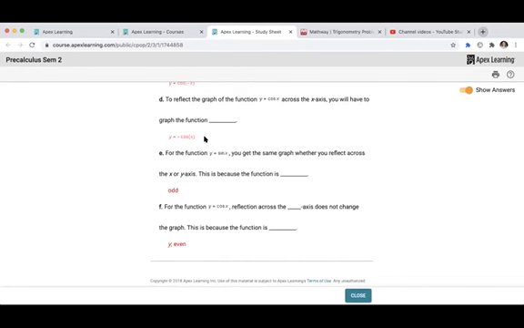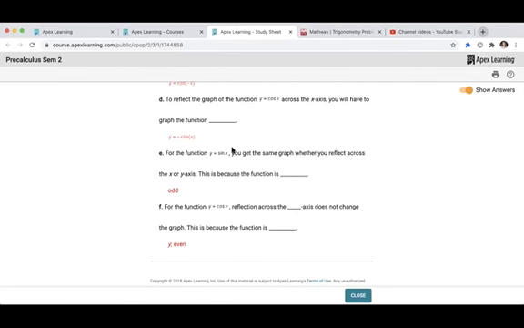All right, for the function y equals sine of x, you get the same graph whether you reflect across the x or the y axes for sine. Okay, you'll get the same graph because the function is odd, right? So again, it will flip. But regardless of if I flip across the x or I flip across the y, these 2 graphs here will be the same.